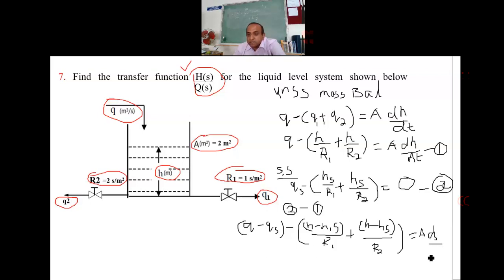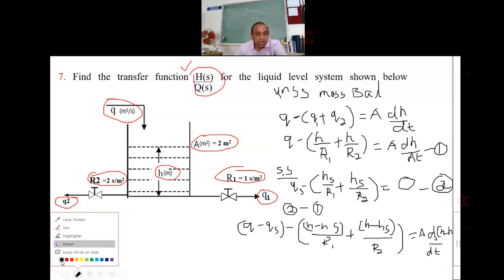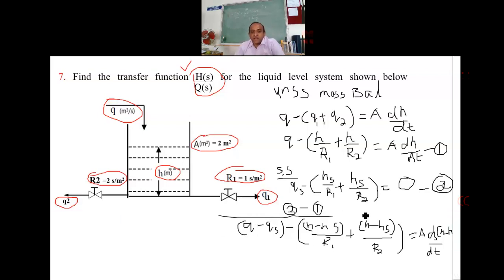So this is d by dt. So how I should write here? It has to be H minus Hs. Okay, so try to write there. So there's a small mistake. I'll erase. Yeah, this is how my equation looks now. The final equation after subtracting. So what is the next step?